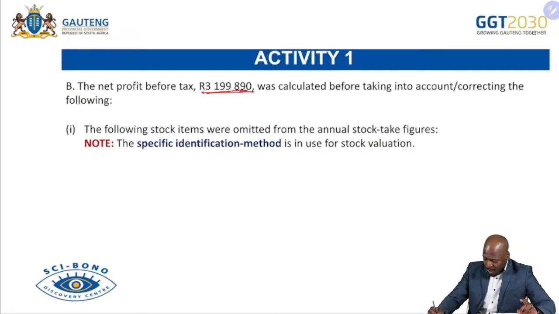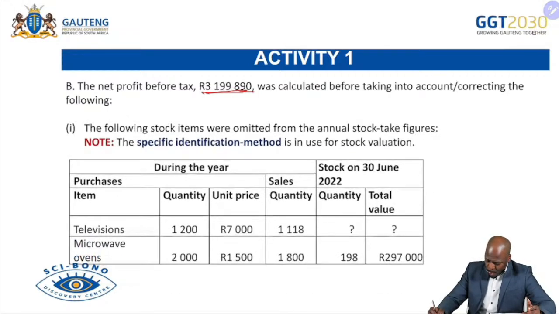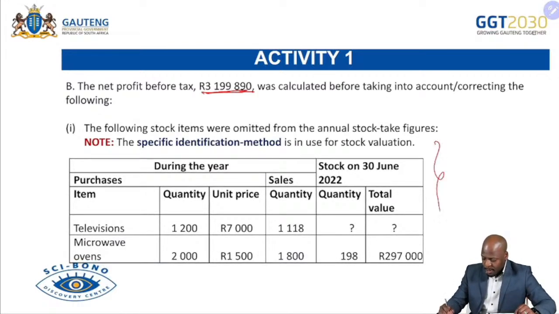All right. So let us see, are we given more information? And then we are told that during the year, the stock on the 30th of June 2022 is as follows. But we are being told that this was omitted from the annual stock take figures. In other words, the amount that we're given in the trial balance did not include this information, as this was omitted.